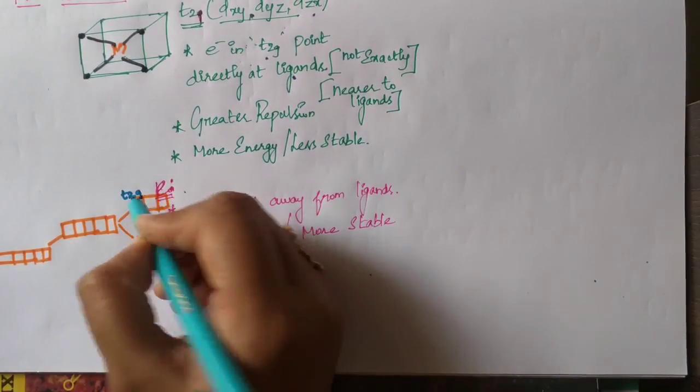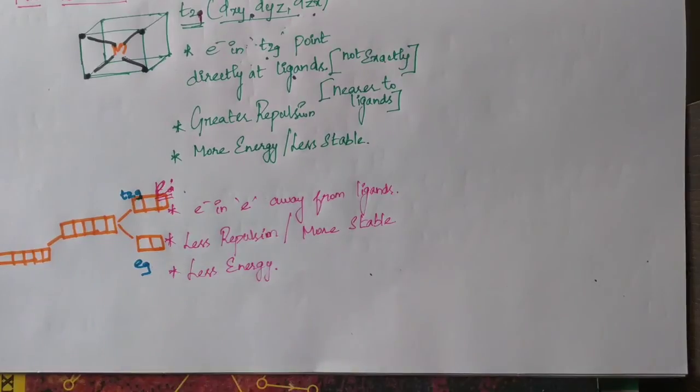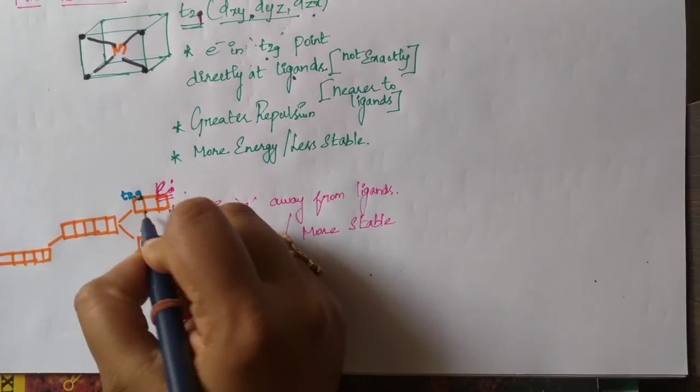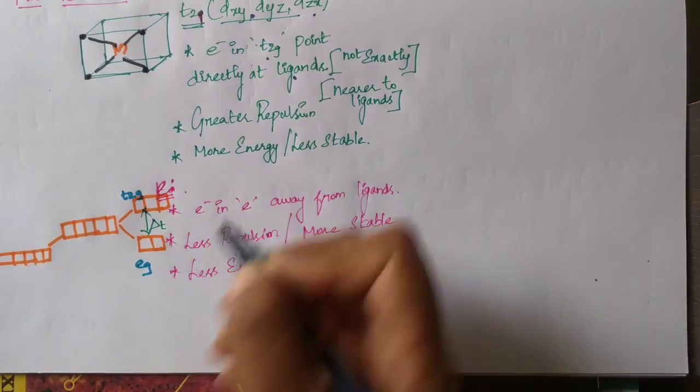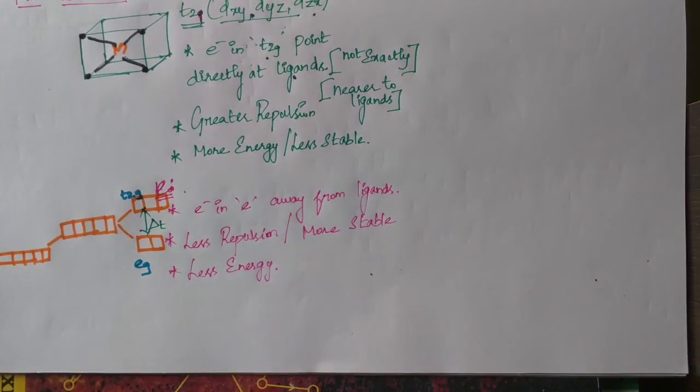This level is the t2 level and this is the e level, just a reverse of octahedral. So here the splitting is denoted as Δt because it is for the tetrahedral structure. Clear, students? So like this, splitting takes place in octahedral complexes and tetrahedral complexes.